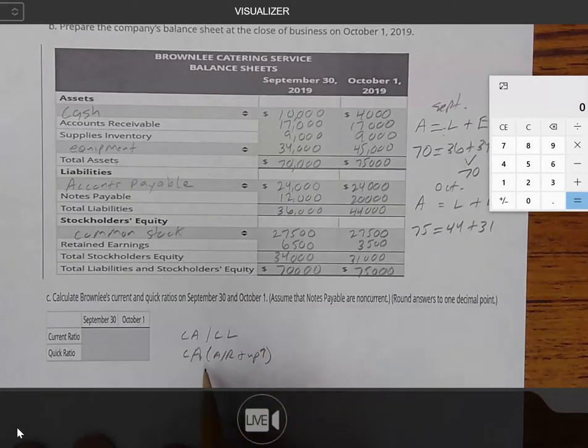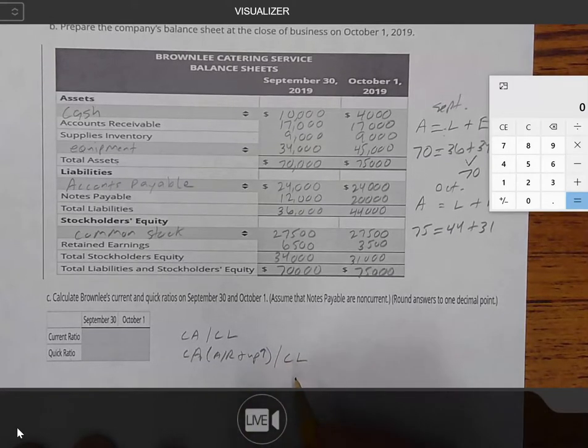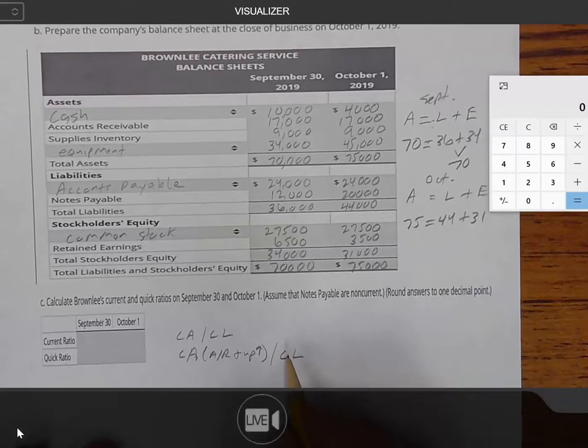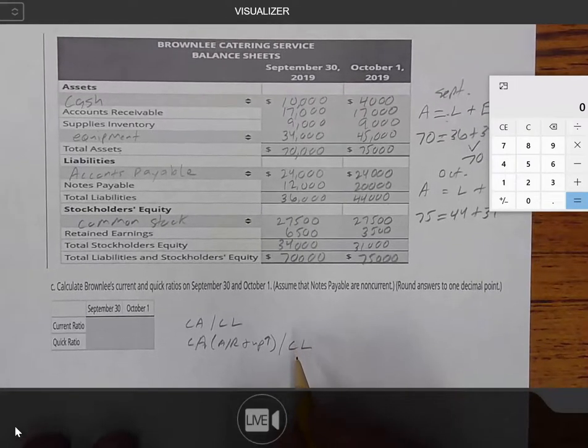We're dealing with more liquid assets, and we're going to divide that by current liabilities. Oftentimes you'll see quick ratio introduced as all current assets except for inventory. If we see inventory, everything from inventory on down is not going to be included.